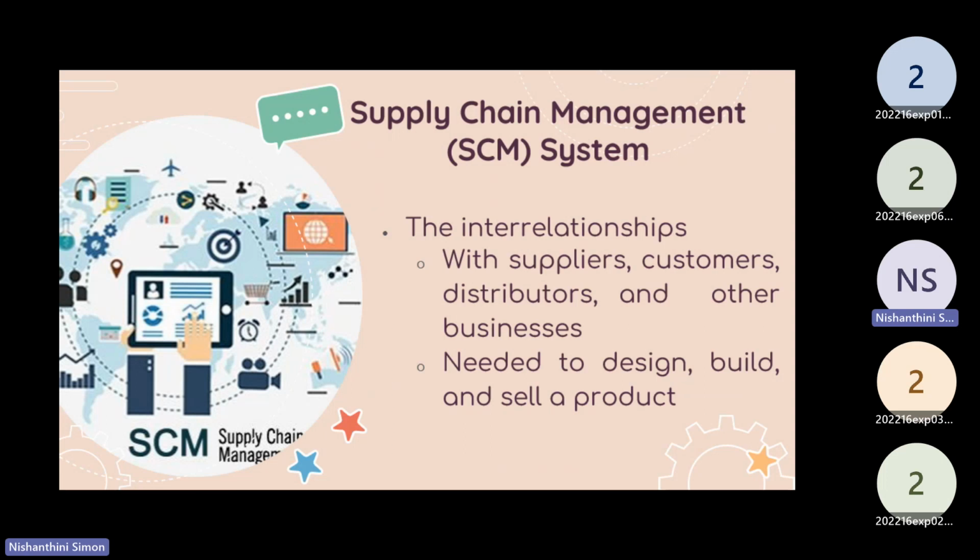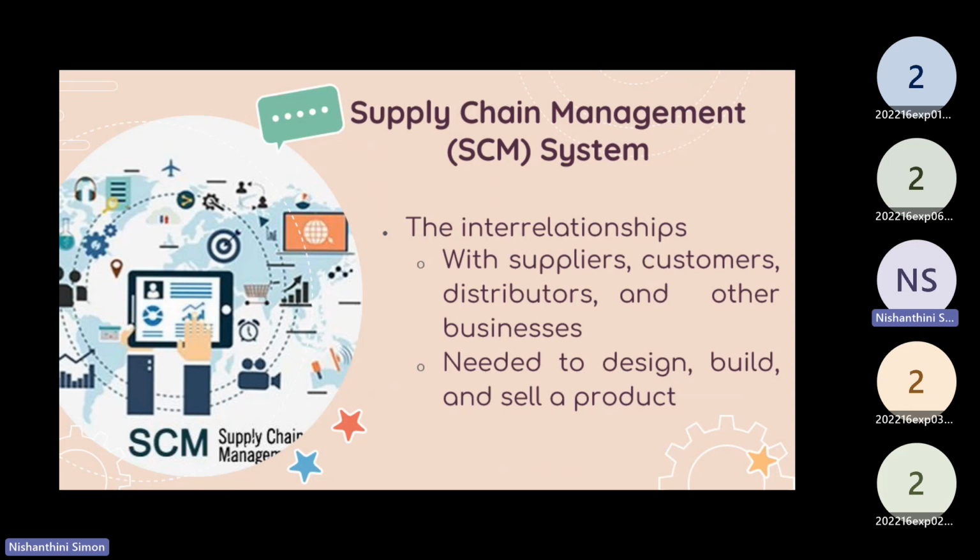It could be from the supplier to the customer, and in between these distributors, or even other partners or other businesses, all will be integrated, all will be connected in this supply chain management system. Here we do the activities of designing, building, and up to the point of selling a product.